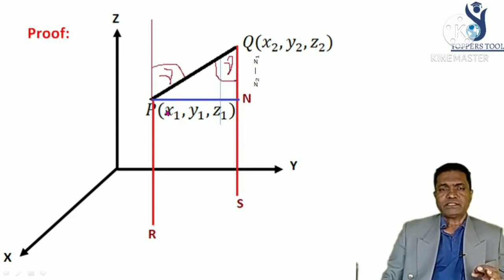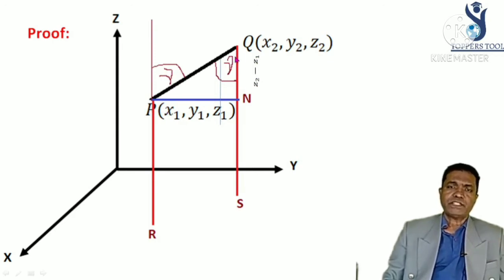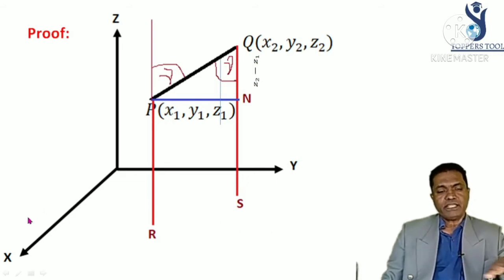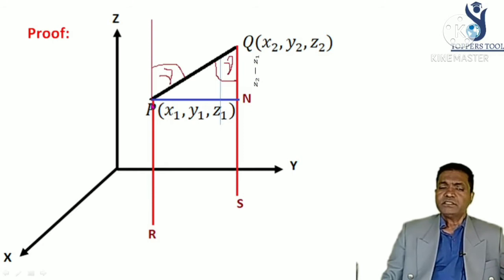Okay. So let's start. PQ is a line in space passing through 2 points P and Q. We have drawn two perpendiculars from P and Q on the xy plane, and draw Pn perpendicular to QS. So Pn is drawn perpendicular to QS.